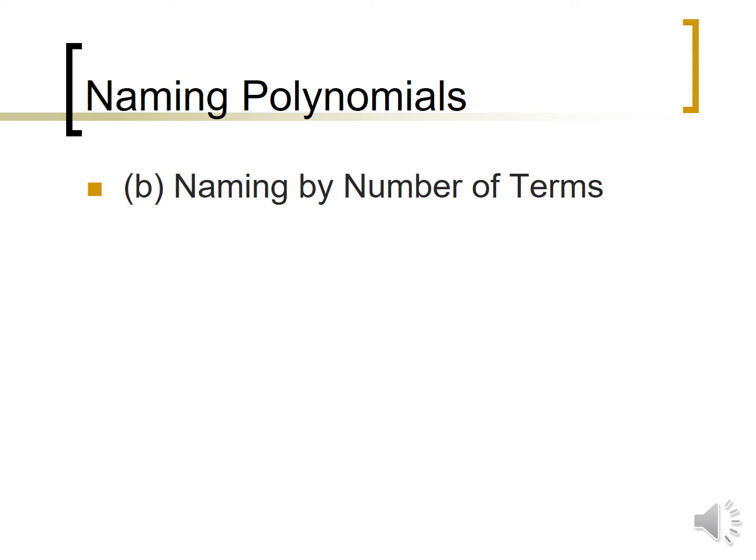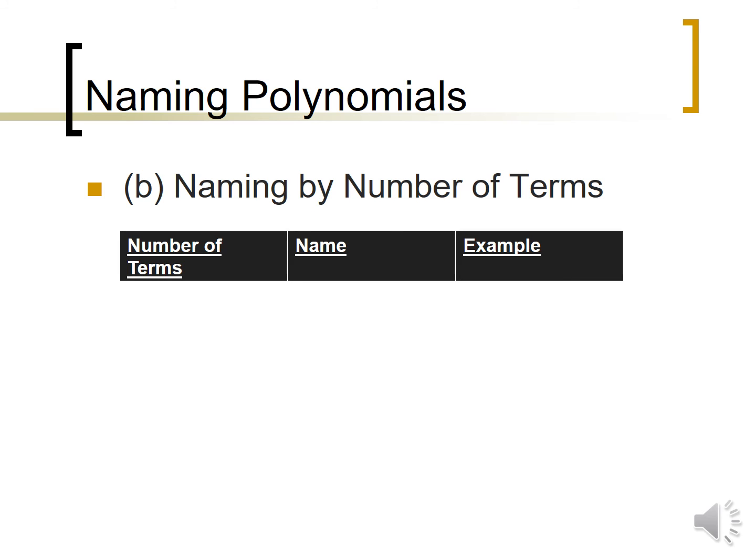So we're now going to make a chart for how to name polynomials according to the number of terms that they have. And honestly, these names are going to sound very familiar. We already got these in our notes somewhere else. We're just going to put them in a chart here. If we have one term, we call it a monomial. 3x squared is a monomial.